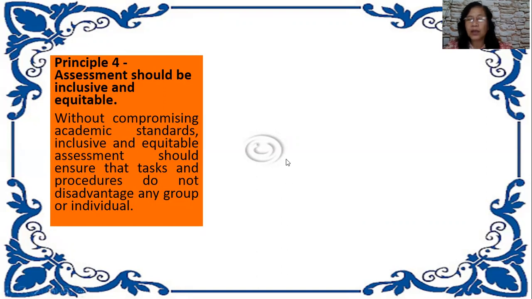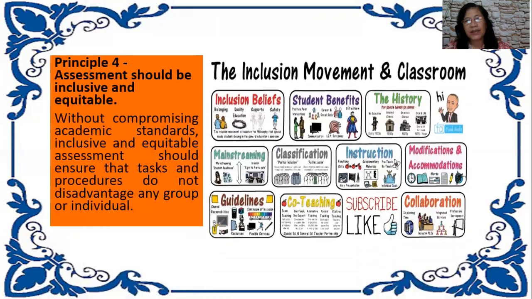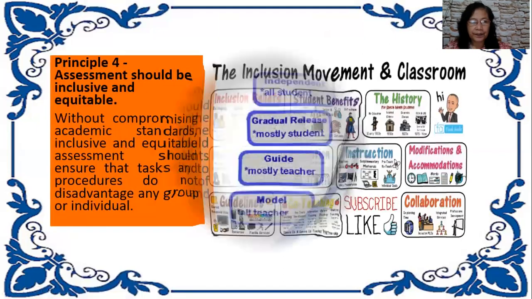And it should be equitable, meaning those who have the right of access to that particular assessment, they can participate. So the inclusion movement in the classroom, the inclusion beliefs, the student beliefs, including everything that should be considered.